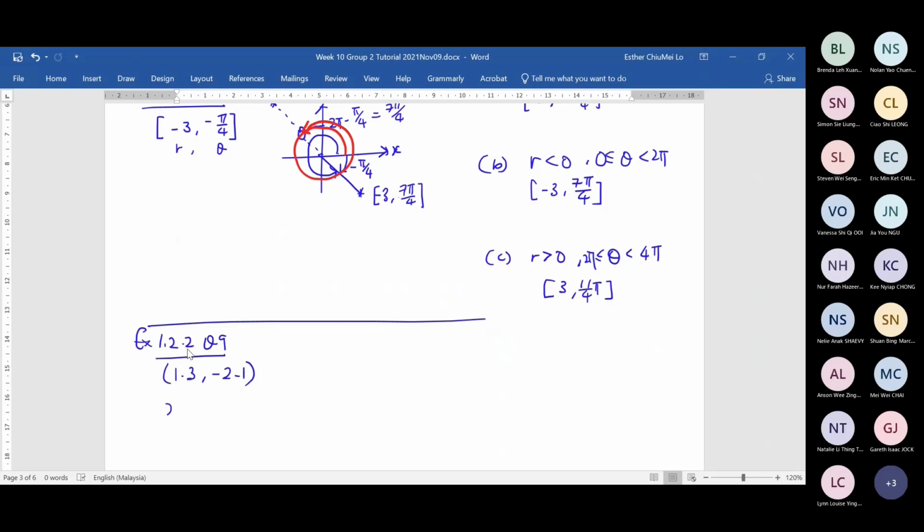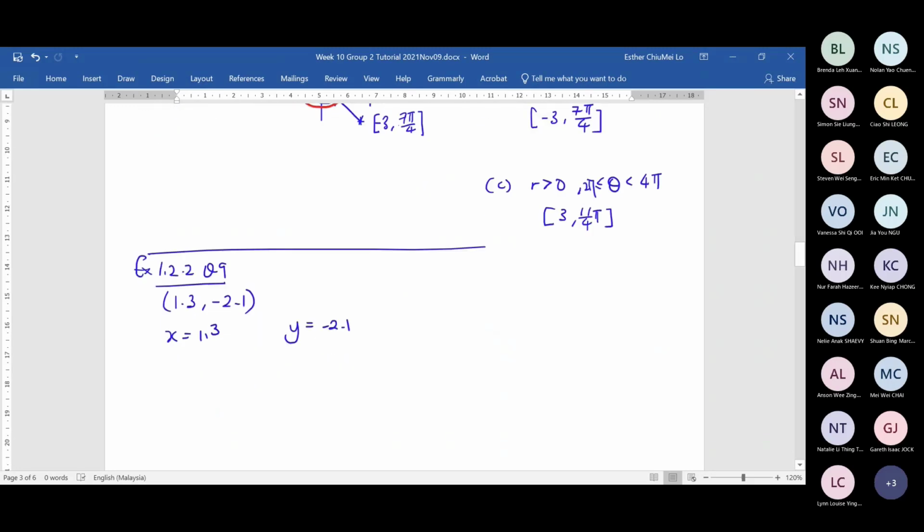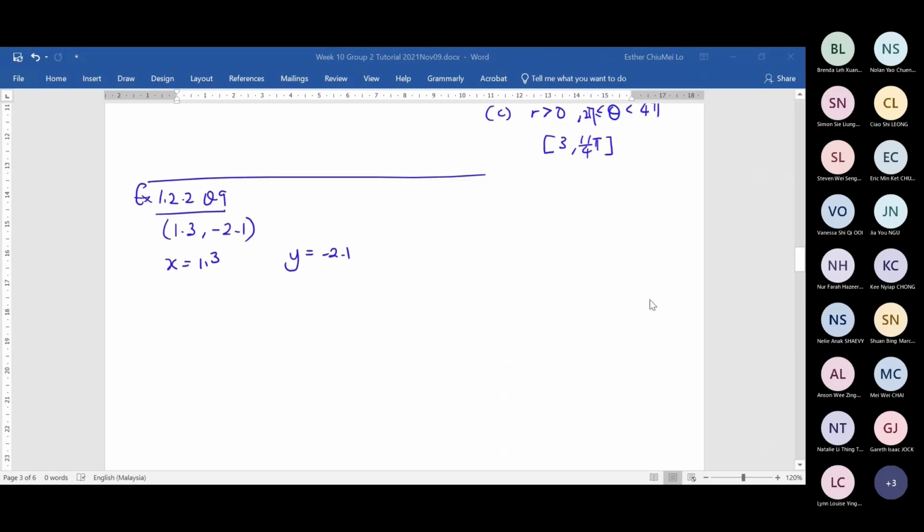Here your x equals 1.3 and your y equals negative 2.1, correct? Now, recall, how do you get the R? Farah, since you say you only have a problem with the angle part, what about the R here? How do you get the R? R squared equals x squared plus y squared.